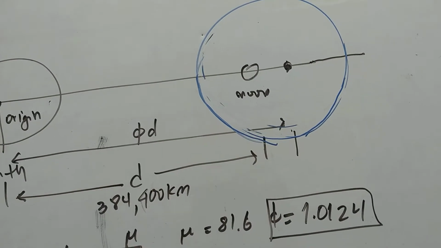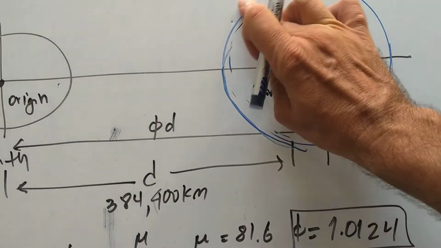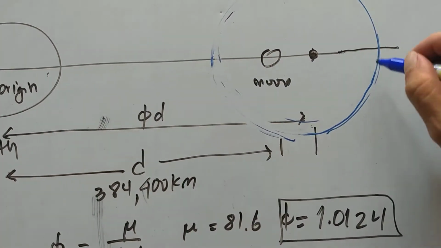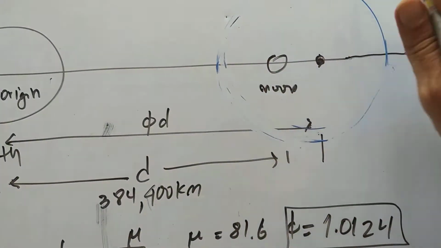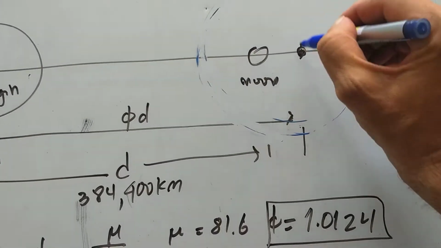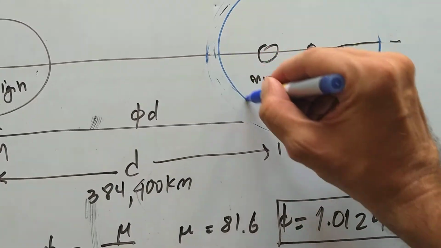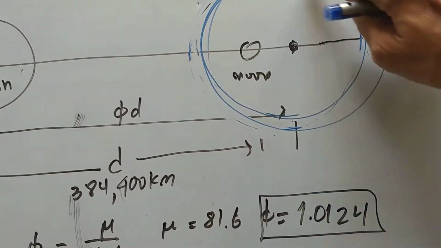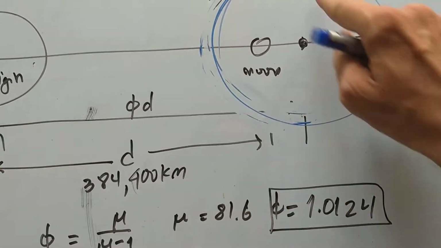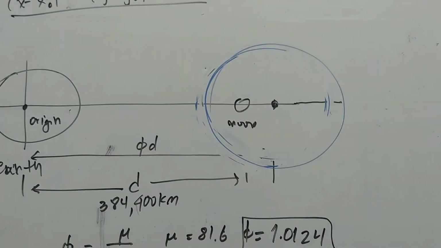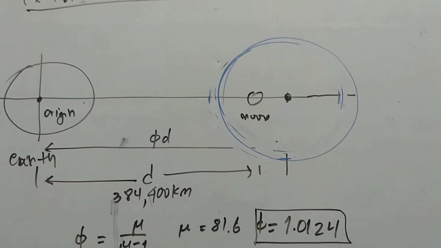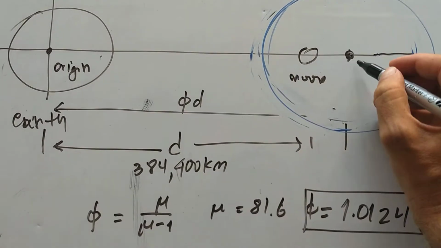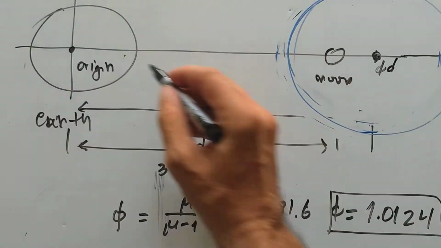Okay, it's bad. It's pretty bad. All right, let's try again. I have to keep in mind that the center is here, not on the Moon. Okay, that's a bit better. Okay, there we go. So the center is at phi d from here.